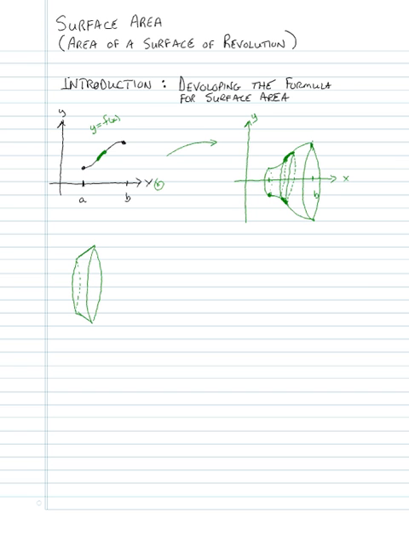Now, this is called the frustum of a right circular cone. This is called the frustum. Here's what happens, and this is a piece of a right circular cone.